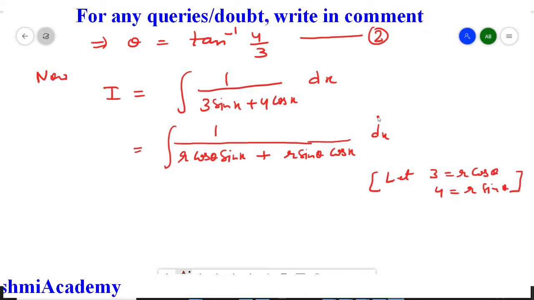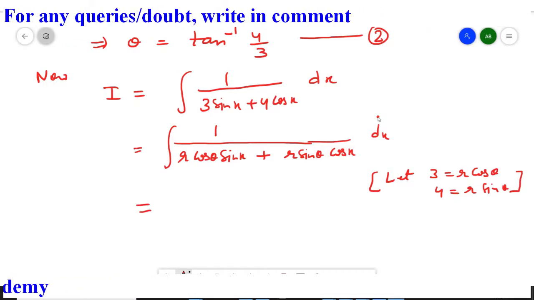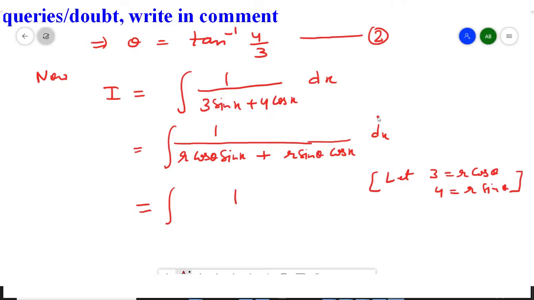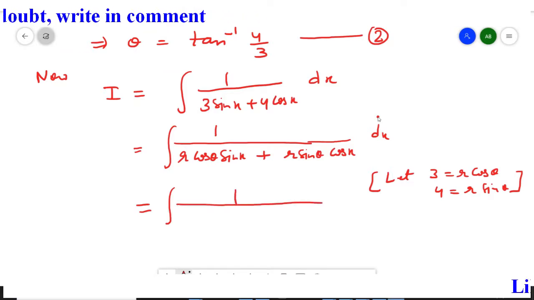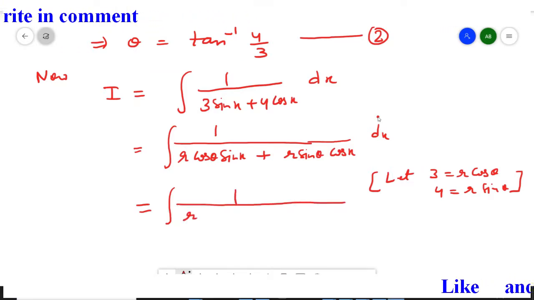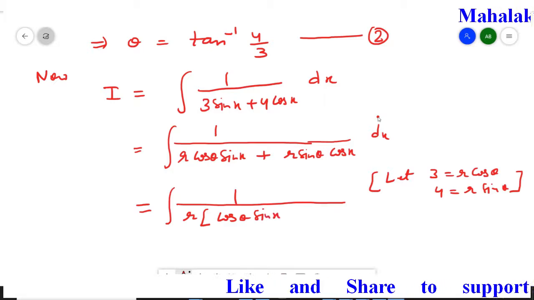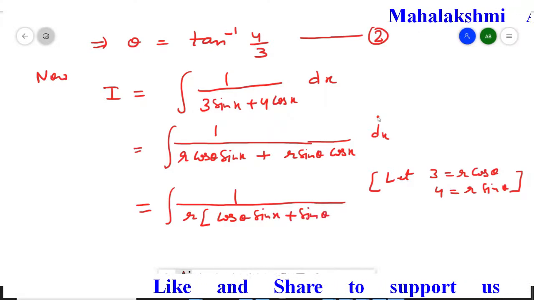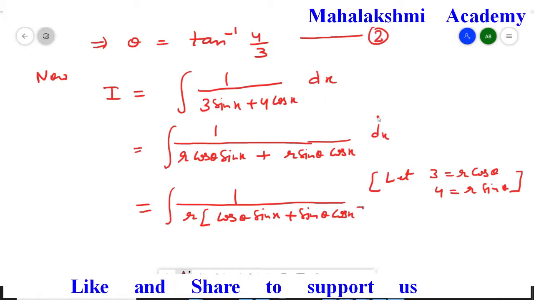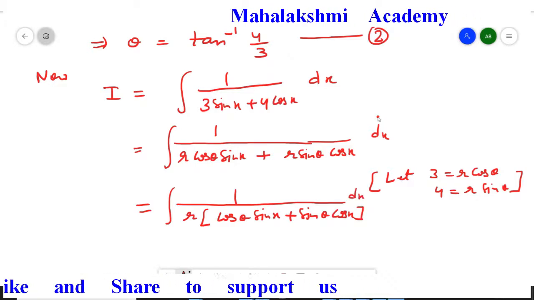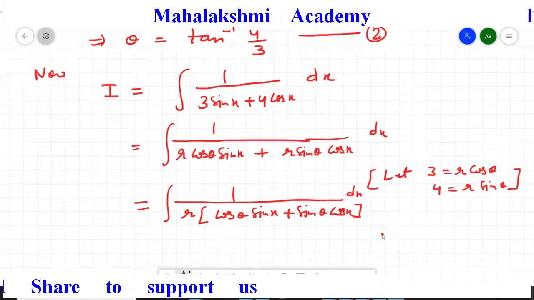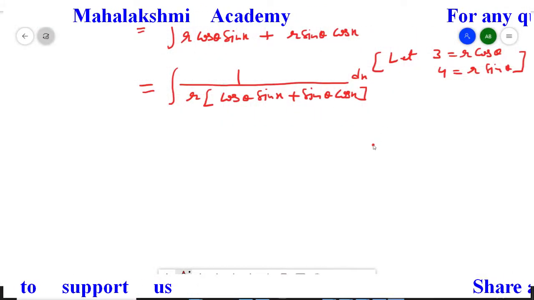So we replace. Now here, students, in the denominator you can see that r we can take common. So when you take r common, we are left with cos theta sin x plus sin theta cos x in brackets, close, and dx. So the big bracket converts into the formula of sin a plus b.